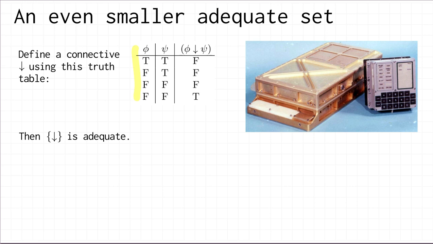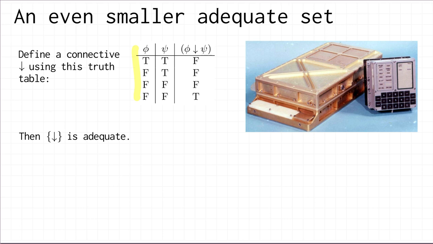So every well-formed formula is logically equivalent to a well-formed formula that only uses the connective down arrow. So if you look carefully at this table, you might recognize what this is. Can you spot a logical equivalence between phi down arrow psi and a well-formed formula that uses our main 4 connectives? Pause the video and think about it. Okay, I hope you did that.